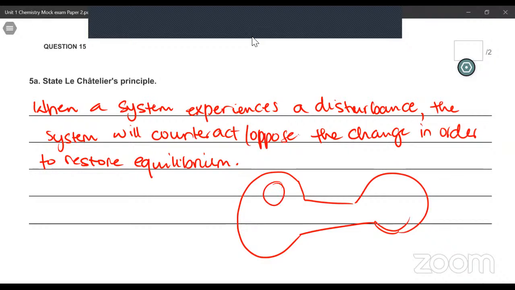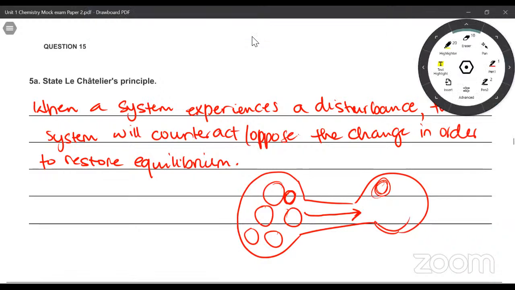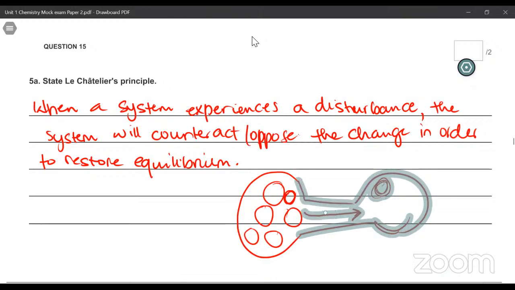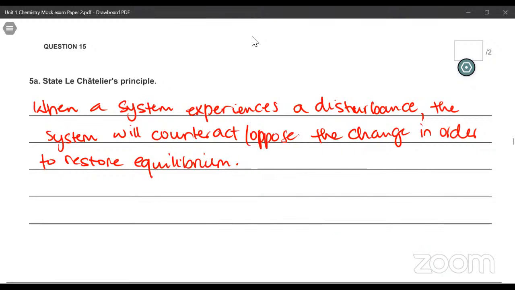Let's say you have 5 objects in one, while you have only 1 in the other, and you force another one in. The increased pressure will cause the excess to flow over to the other balloon until you have some balance within the 2 balloons, to create more space for itself. So by increasing the pressure, it moves to the side with the lesser amount of moles.